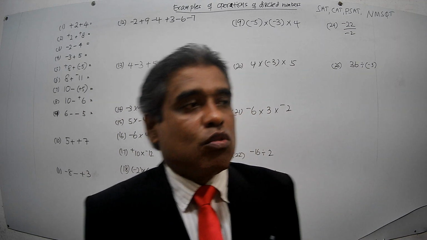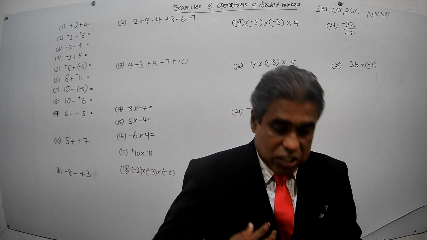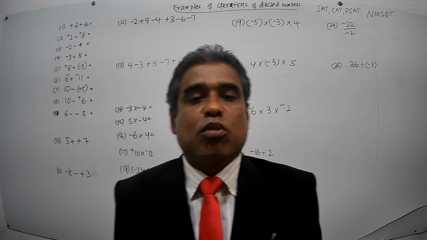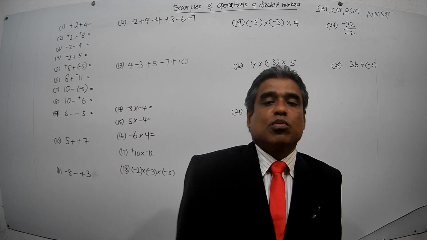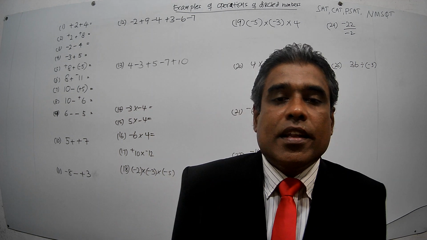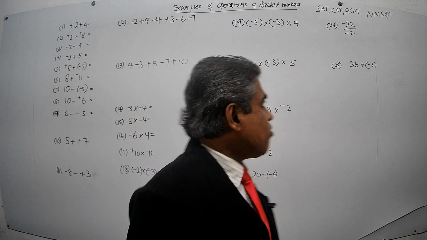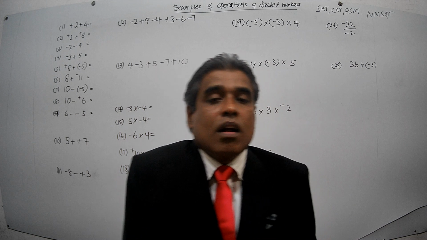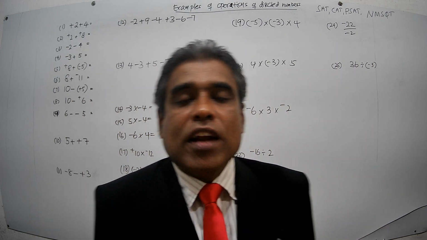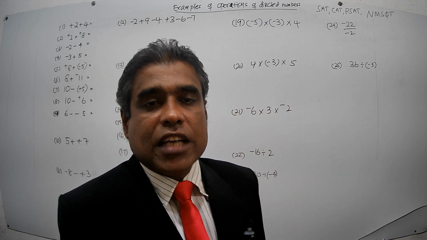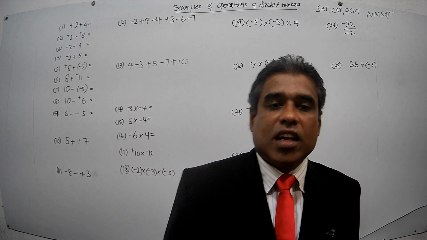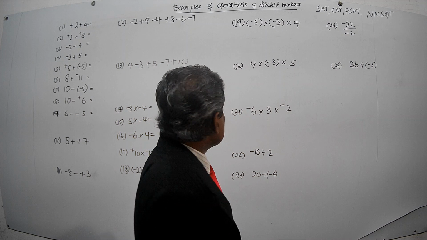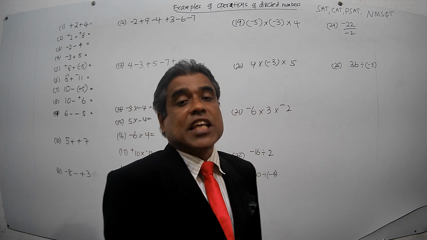There are two sets of rules for operations of directed numbers: two rules for addition and subtraction and two rules for multiplication and division. One rule is for the addition and subtraction of directed numbers of equal signs. The other rule is for directed numbers with different signs.